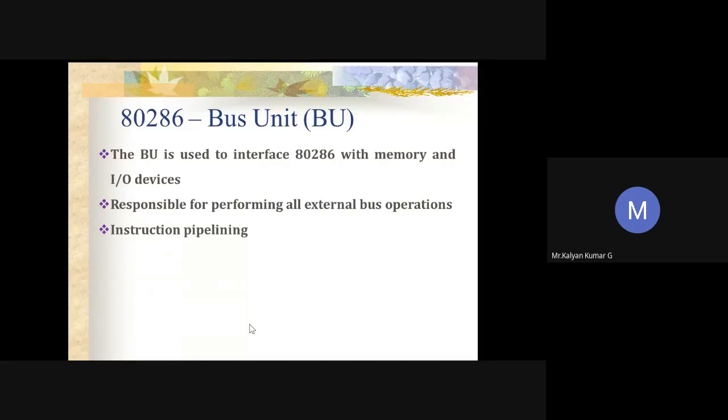It is mainly followed to increase your speed or reduce your total execution time. By fetching the instructions, the CPU will not wait till the completion of the execution of your previous instruction. Because while one instruction is currently being executed, the subsequent instruction will be pre-fetched, decoded, and kept ready for execution.